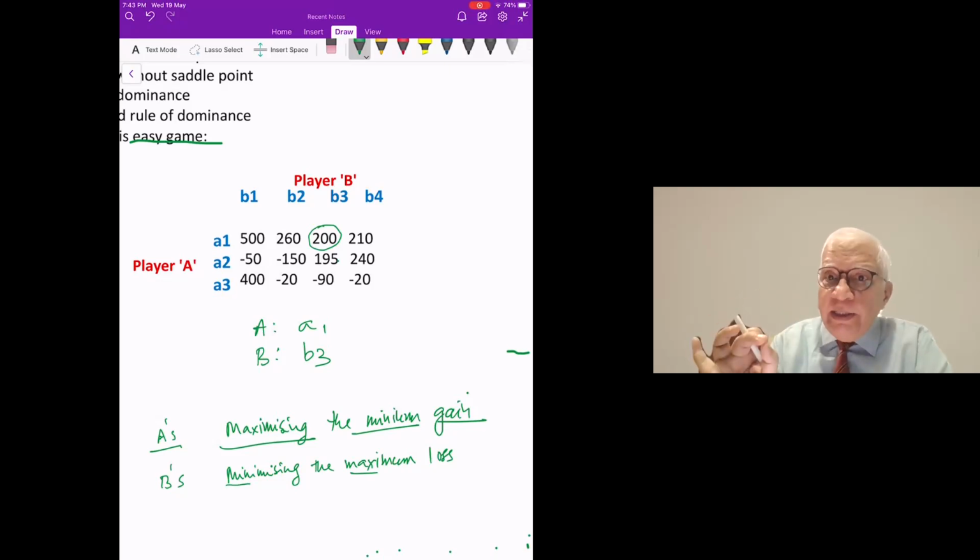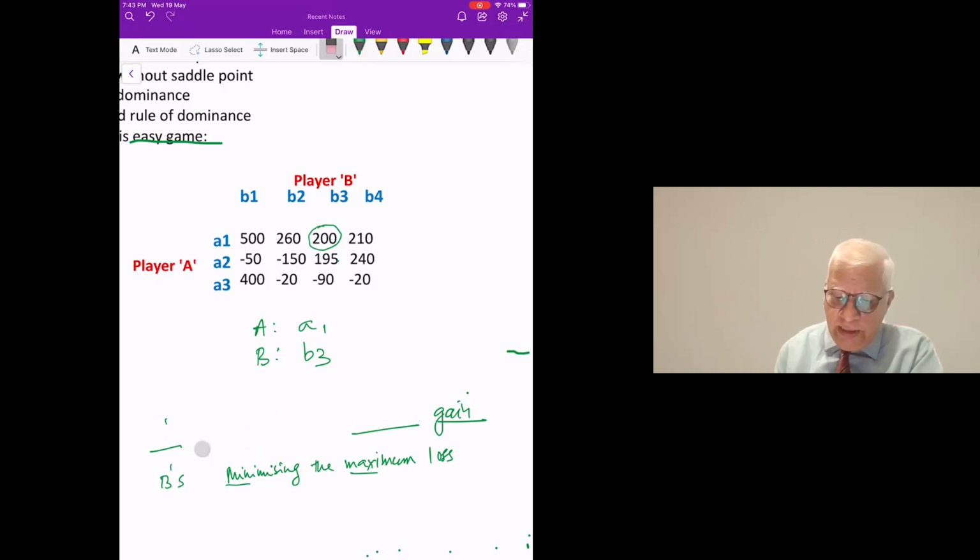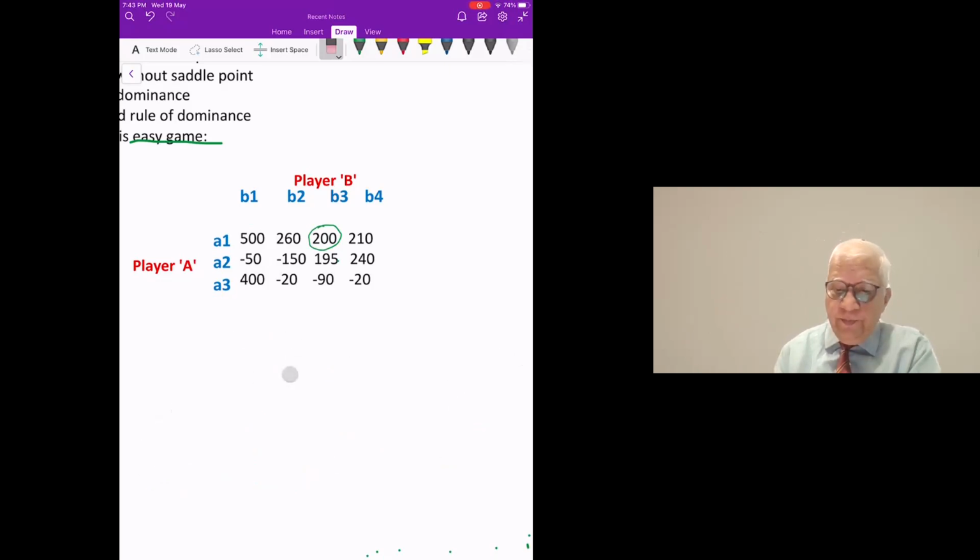In this game of player A versus player B, the optimal strategy for player A is A1, and the optimal strategy for player B is strategy B3. So how do we write this? There's a particular way of writing the expression. I'll show you how to write the answer for the game theory question.